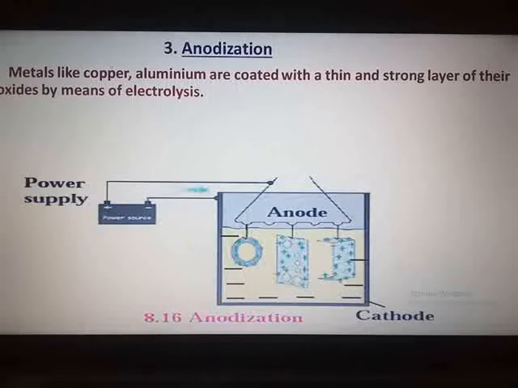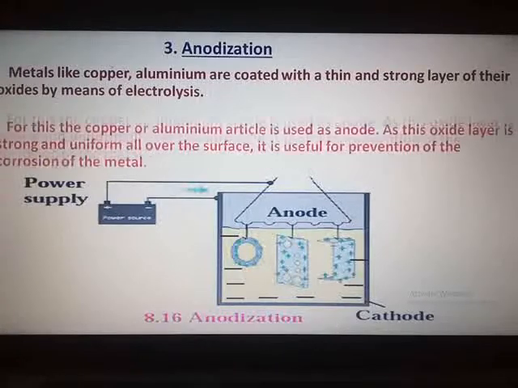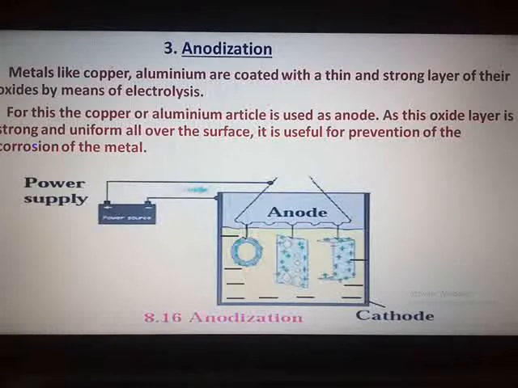You know what electrolysis is, you have studied it in the 9th standard. For this, the copper or aluminium article is used as the anode, and hence the technique is known as anodization. As this oxide layer is very strong and uniform all over the surface, it is useful for the prevention of corrosion of the metal.